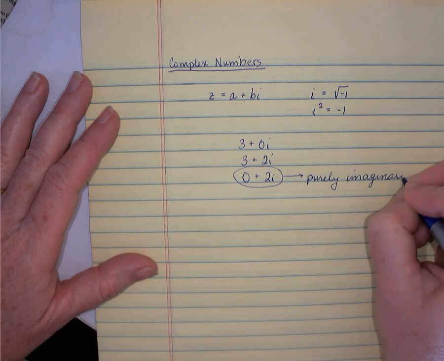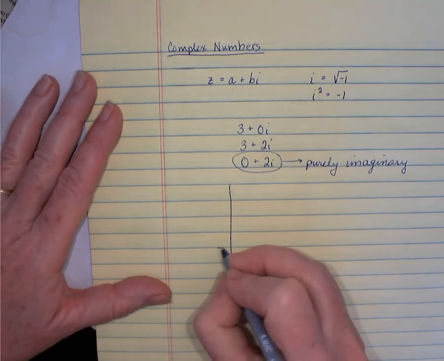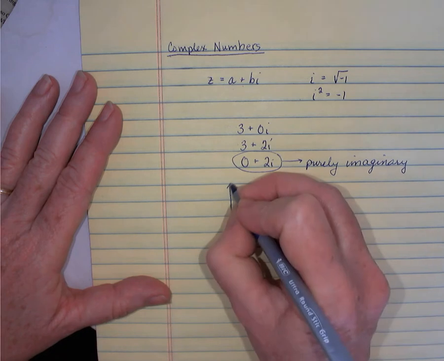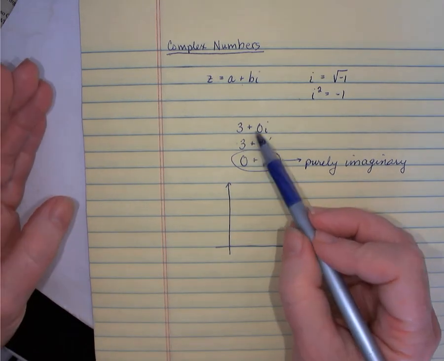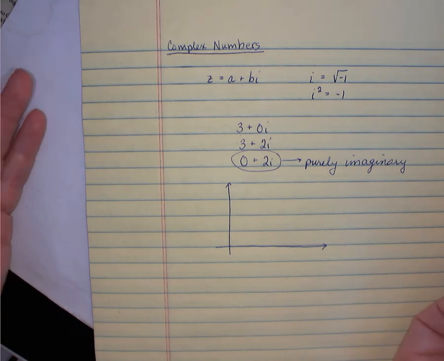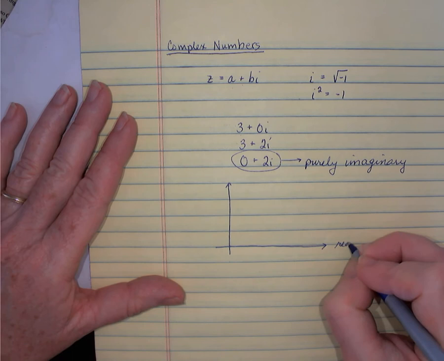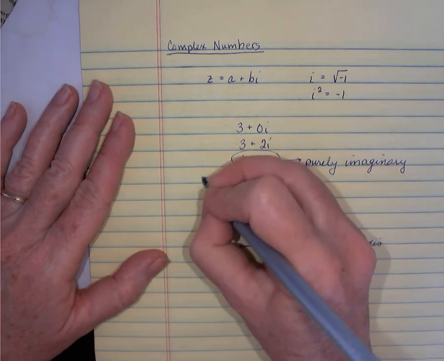What we did in Algebra 2, which seemed a little bit silly, was we plotted these, really just because a complex number has two parts, a real part and an imaginary part. When you plot an ordered pair, that has two parts, so we might as well use one for the other. The x-axis we called the real axis, and the y-axis we called the imaginary axis.